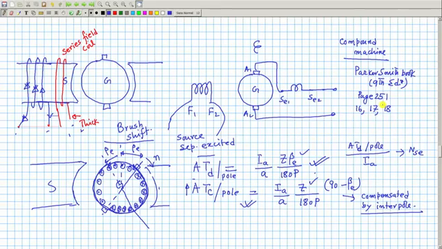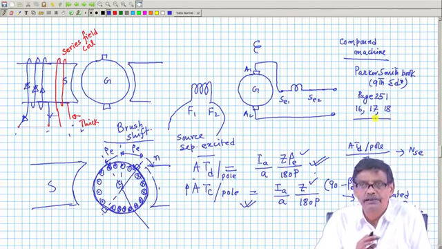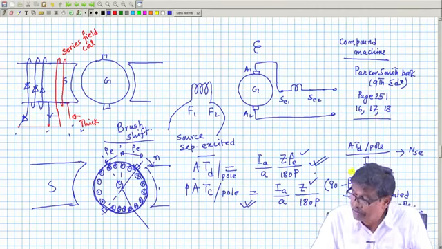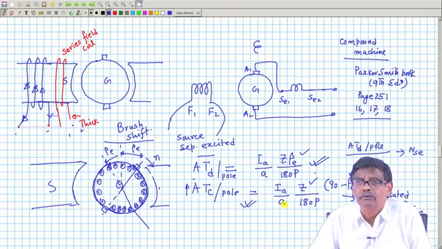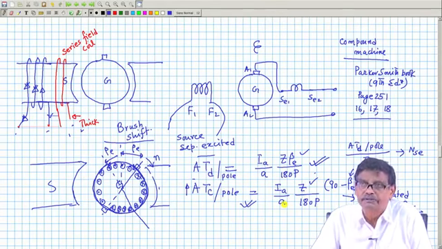So, these 3 problems you try to solve, and I hope you will be able to solve them, nothing but a few calculations. But always remember, this beta E is in electrical degrees. If it is in mechanical degrees, you have to convert it to electrical using the pair of poles, apply it, and solve the problems straight.